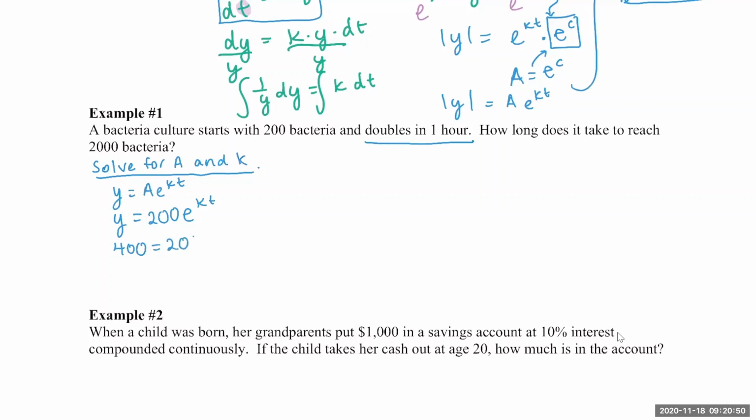So 400 equals 200 e to the k, and it doubles in an hour, so time is 1. Here you're going to isolate by dividing both sides. We can't take the ln of something unless you have cleared the constant in front of e. Once you do that, then you can ln both sides. So ln of both sides would then get you K is equal to ln of 2.